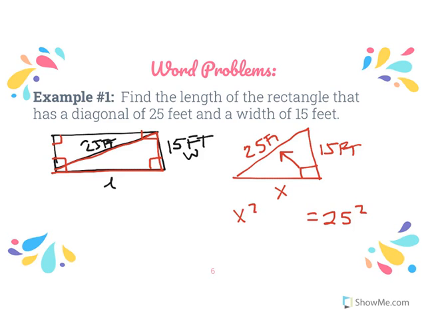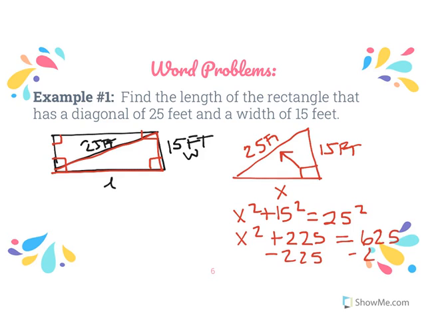And then I have x squared plus 15 squared, and we're going to go ahead and simplify what we can. 15 times 15 is 225. Equals, and then 25 times 25 is 625. We're going to subtract 225 from both sides, getting x by itself.